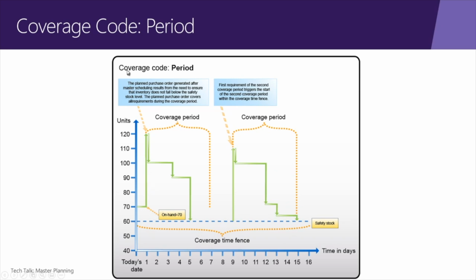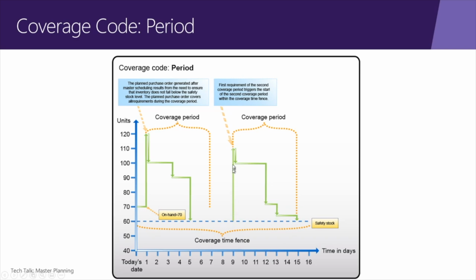When you have the coverage code set to period, and the period is defined as 7 days, what master planning will basically look at is buckets of 7 days in the future. What's the demand for those 7 days? And to make sure that demand is met by supply, it will create one supply at the beginning of the period. So here is one supply that satisfies the requirement during this 7-day period.